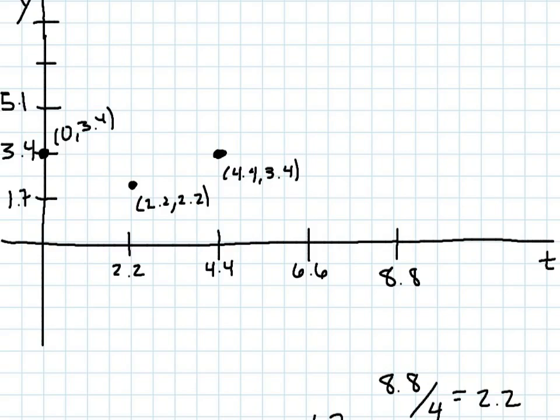And then you continue to oscillate, so the difference on the top side would be 1.2. So we could say that this is 6.6, comma, and then 1.2 away from 3.4 on the positive side would be 4.6. And then we would come back down to our average, which would be 3.4. So at 8.8, comma 3.4.